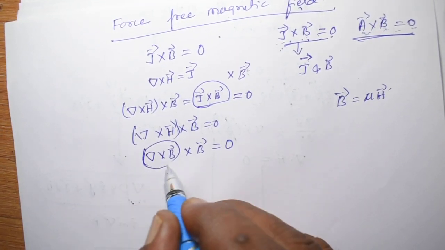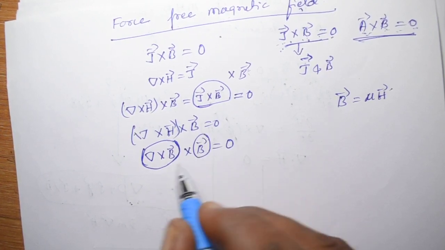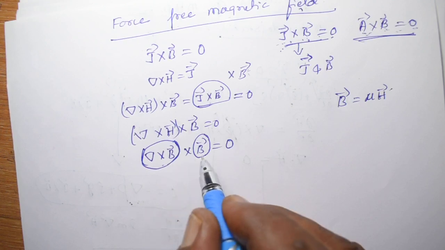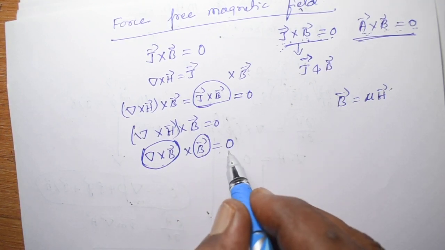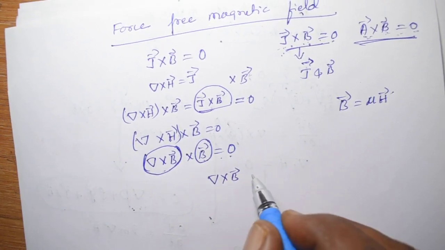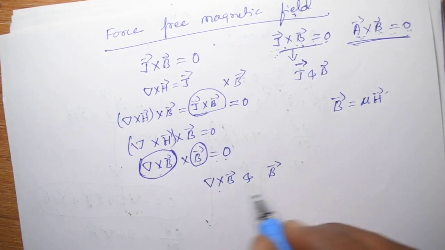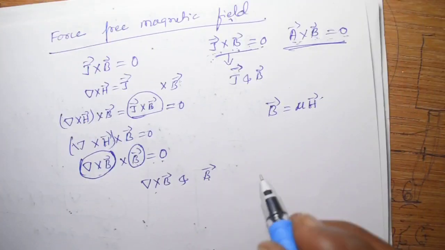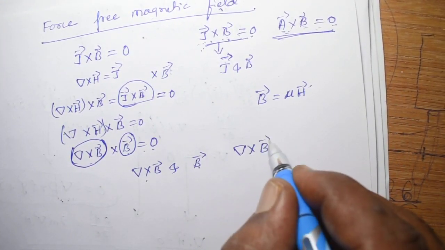Again look, this is one vector and this is another vector. The cross product of two vectors is equal to 0. Then what does it mean? It means that curl of B and B are parallel to each other. For them to be parallel, what must be satisfied?